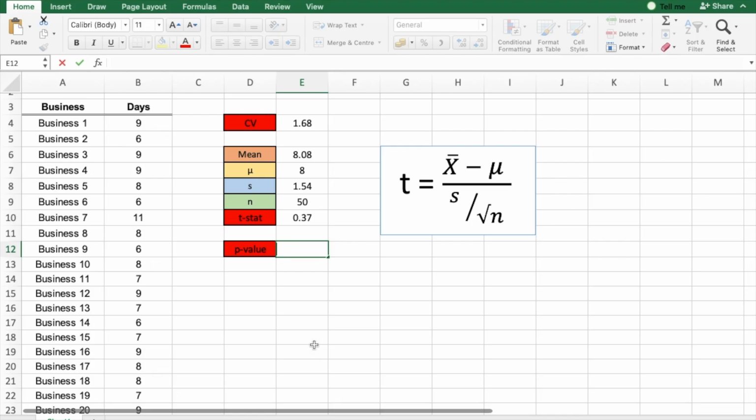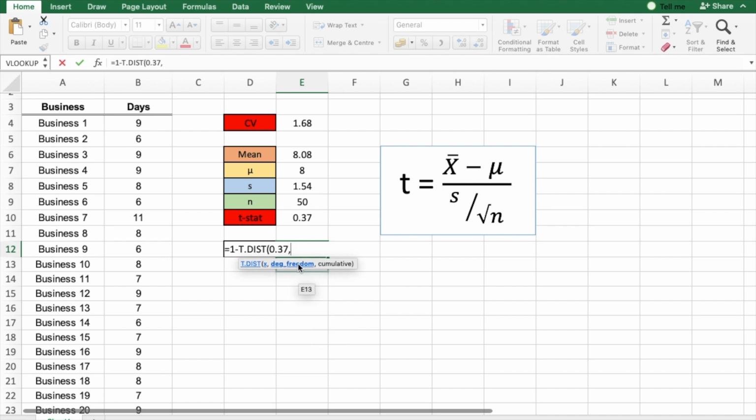Let's conduct the test using Microsoft Excel. Let's find the p-value using Microsoft Excel. You put an equal sign here, 1 minus T.DIST, the t distribution. We need to know the x value, which is the t value we have already calculated, 0.37.